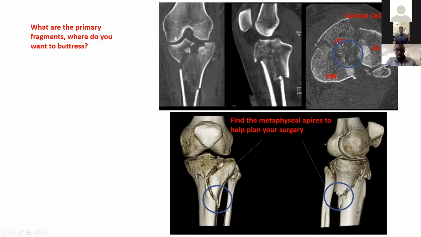That's kind of a component of the central comminution. You can see it doesn't really have a shear metaphyseal exit. So I would agree, I would plate this just to give it some extra fixation because it has large joint fragments attached to it, but I don't think it necessarily needs a buttress.